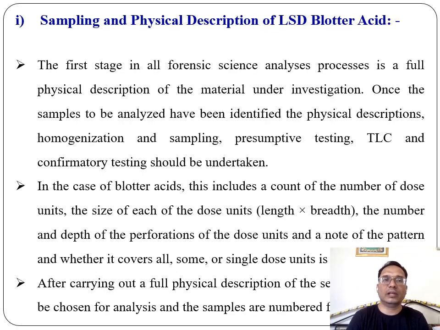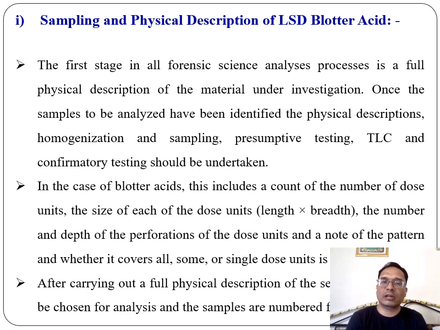The first step of LSD identification is the sampling and physical description of the LSD blotter acids. The first stage in all forensic science analysis processes is a full physical description of the material under investigation. Once the samples to be analyzed have been identified, the physical description, homogenization and sampling, presumptive testing, TLC, and confirmatory testing should be undertaken.